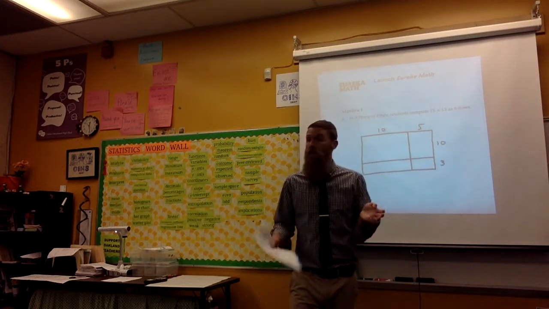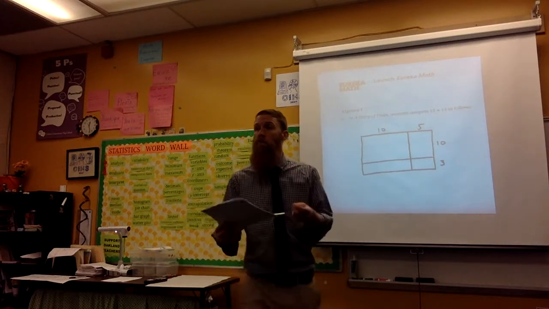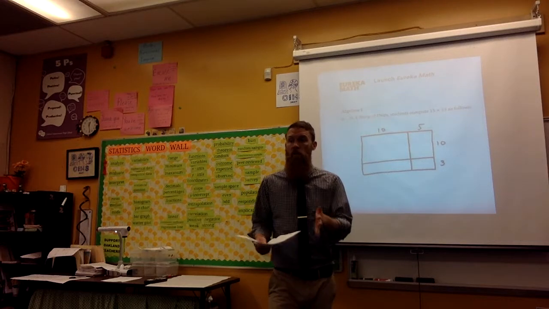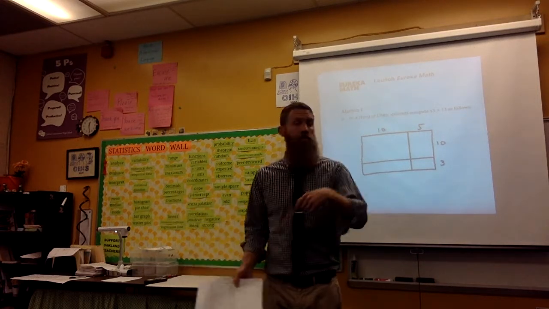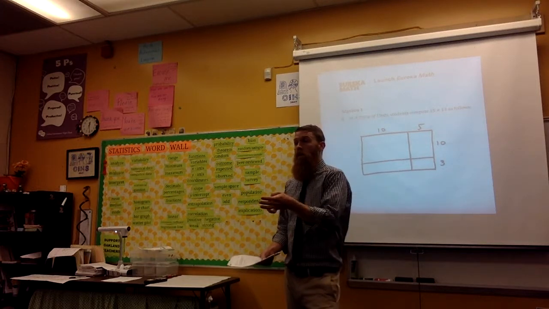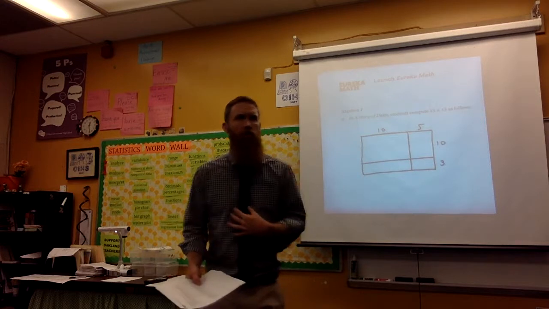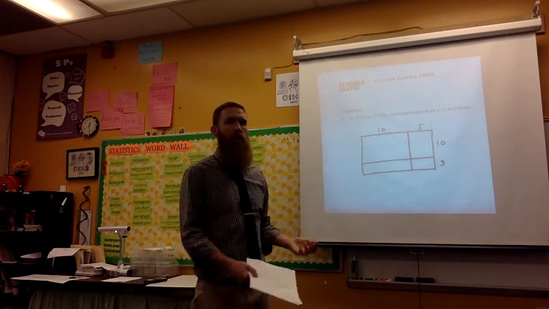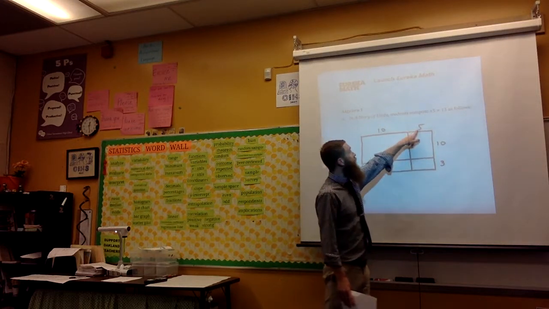In addition to just making it easier, which it does, it's also building a foundation for the algorithm of multiplying double-digit numbers. In addition, it's building a real intuitive understanding of how the distributive property works here. You can see it. It's very visual. 10 plus 5.